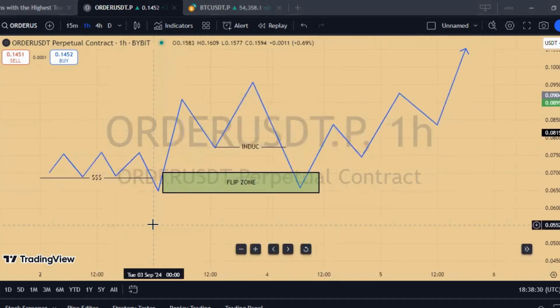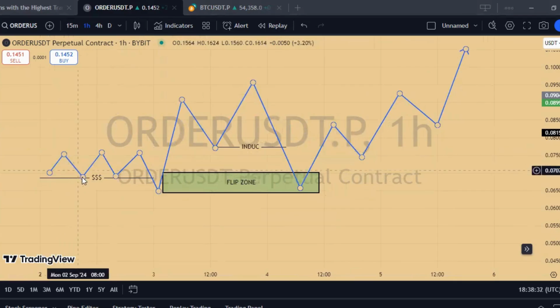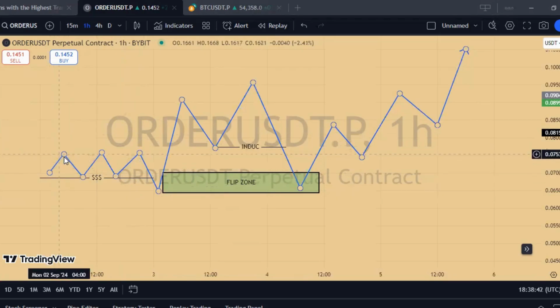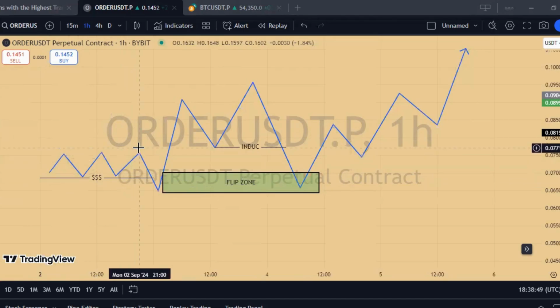Now, this is price moving in a range. I'll call this circulation manipulation. Price doesn't know where it's actually going. This is what I call a range. It's not moving up, it's not moving down. Okay. Now, this is the breakdown, taking out all these highs, all these lows.